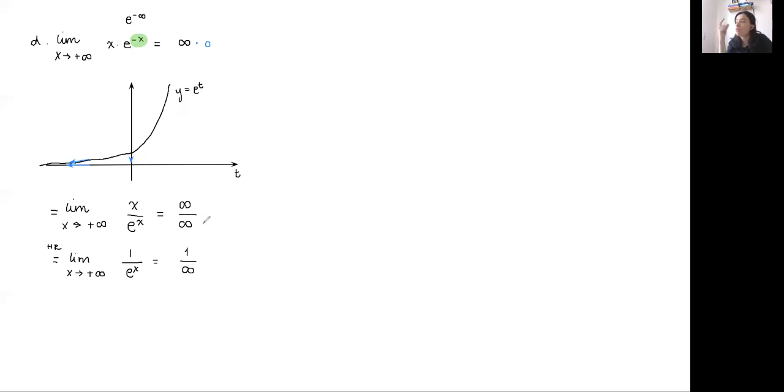Again, if I have one apple and I divide it by many, many people, then each person is going to get just one tiny bit, which is essentially like saying that each person is going to get 0. And so the limit when x goes to plus infinity of x times e to the minus x is going to be equal to 0.